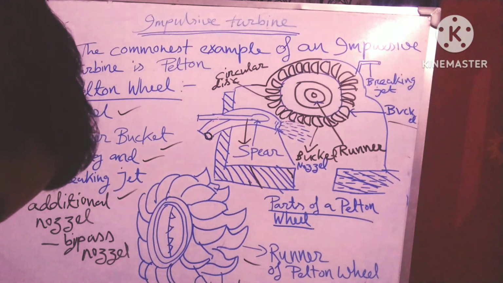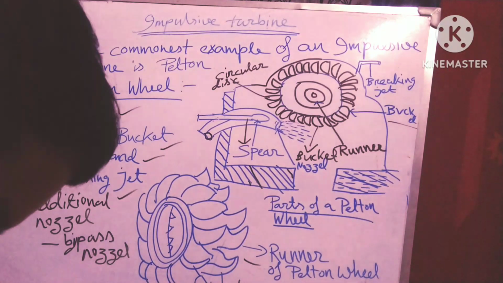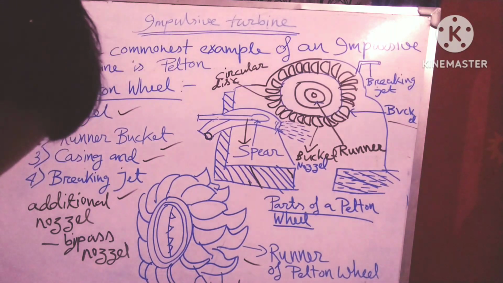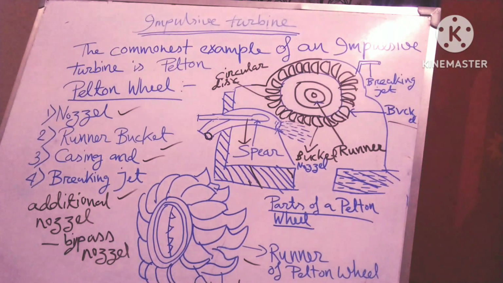Casing. Strictly speaking, the casing of a Pelton wheel does not perform any hydraulic function, but it is necessary to safeguard the runner against accident. It also prevents splashing of water and leads the water to the tail race. The casing is generally made of cast iron or fabricated parts.